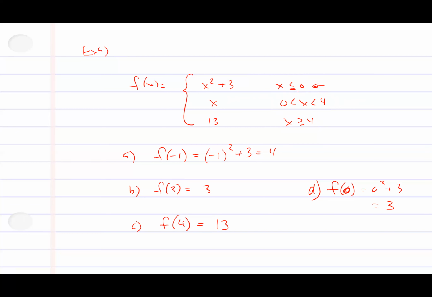Sorry, if x was less than or equal to 4, I misspoke. If it was x is less than or equal to 4, and x was less than or equal to 0, then yes, you would use the middle one at that point. Cool. All right, let's jam.